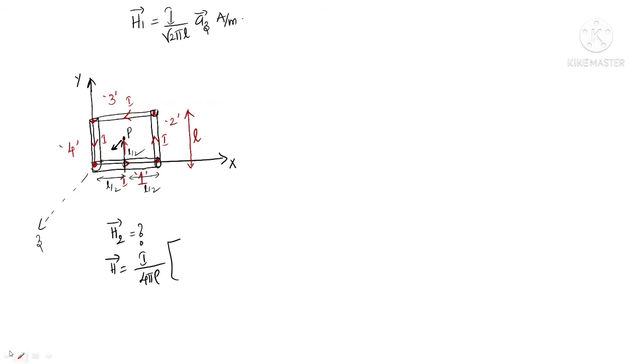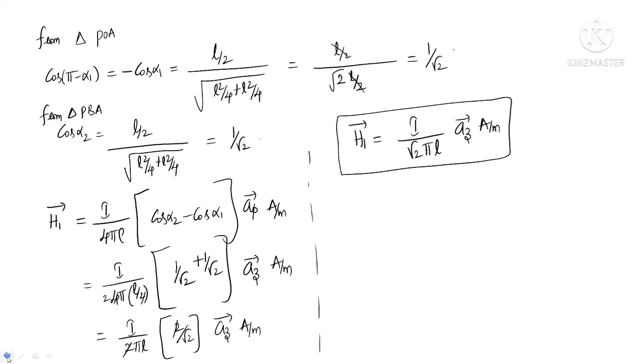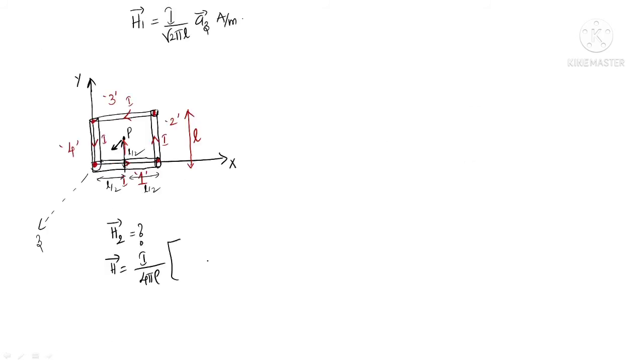Is it right or not? What is the generalized expression? It is I by 4 pi rho cos alpha 2 minus cos alpha 1 into a phi bar. So cos alpha 2 minus cos alpha 1 a phi bar ampere per meter. Is it right or not?